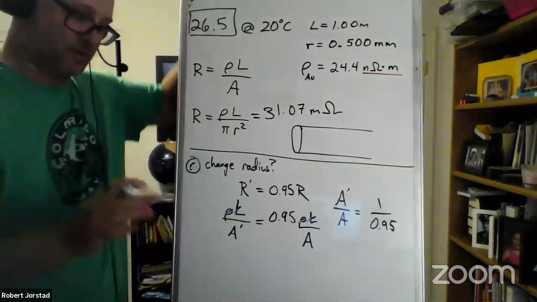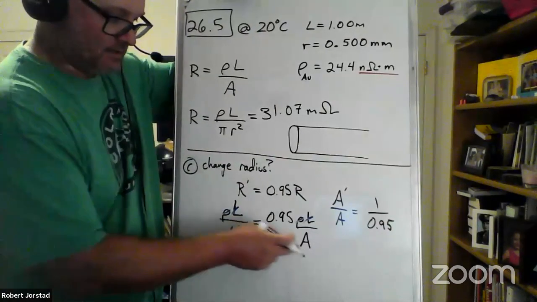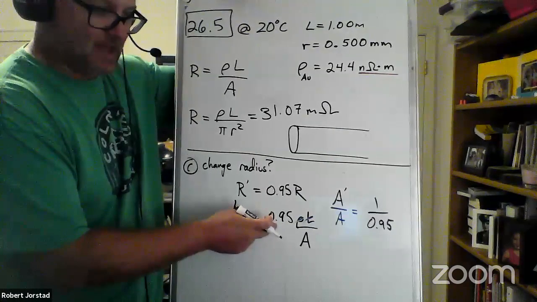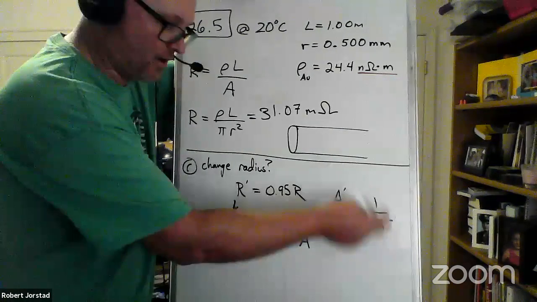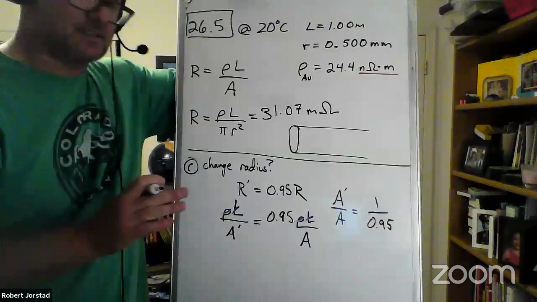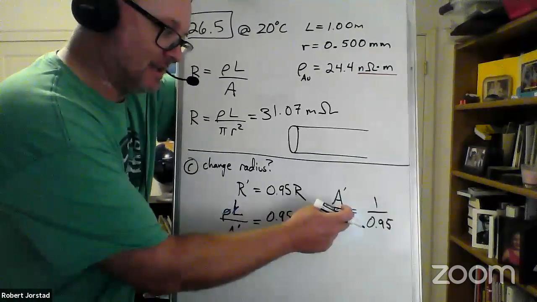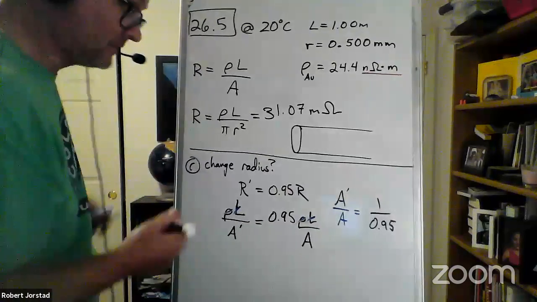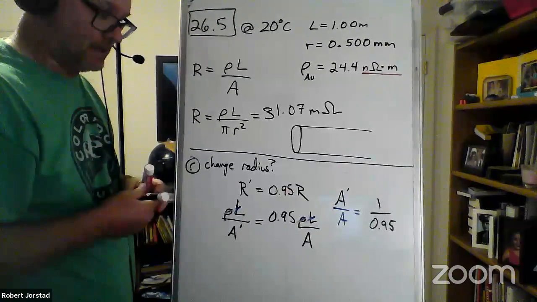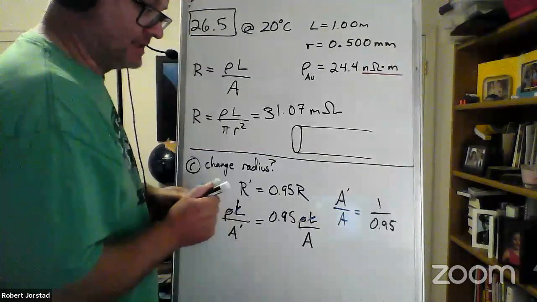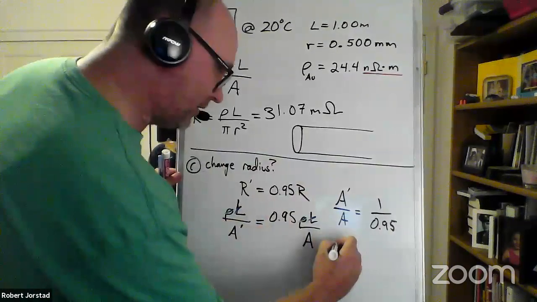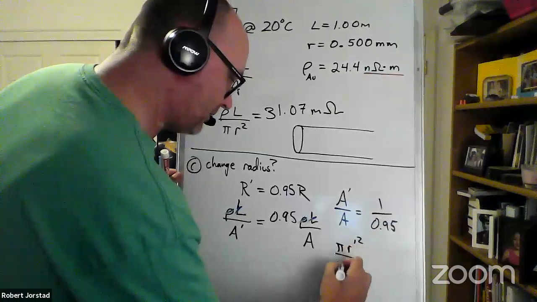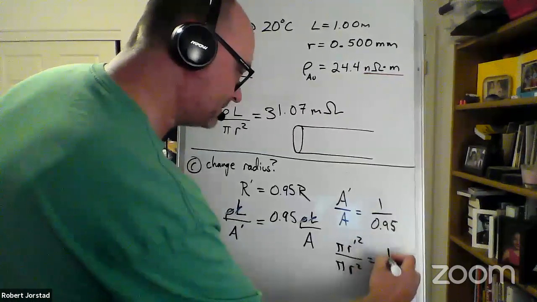And we got to be careful here. Make sure I didn't flip this. So this would be A over A prime equals 0.95. Flipping that, A prime over A is 1 over 0.95. And notice this is not the same thing as saying it equals 1.05. It's different. Okay. Now in this case, I'm going to plug in what I know. Pi radius prime squared over pi radius squared.